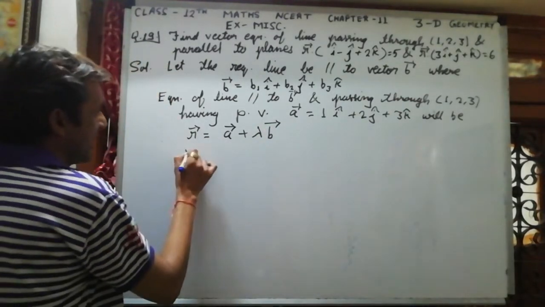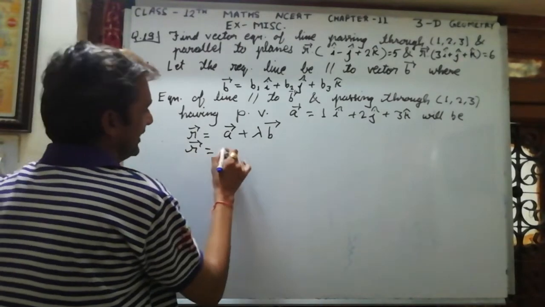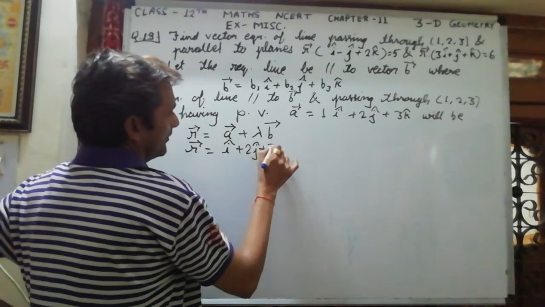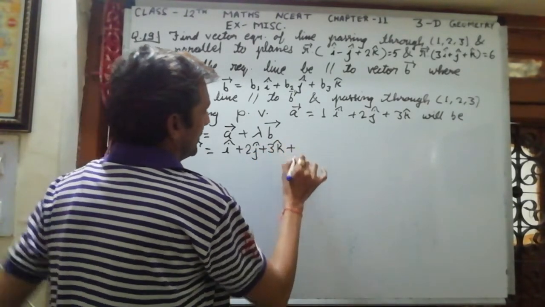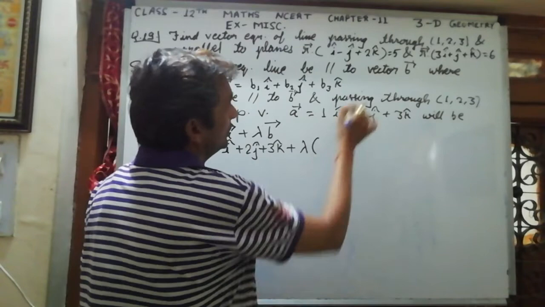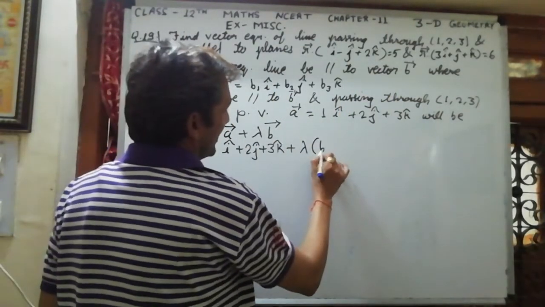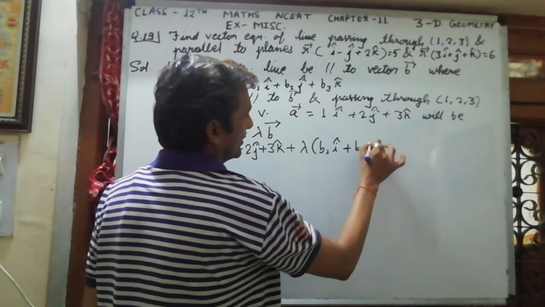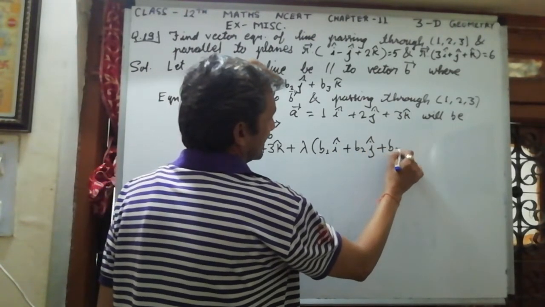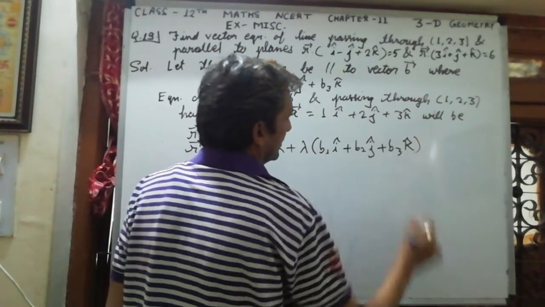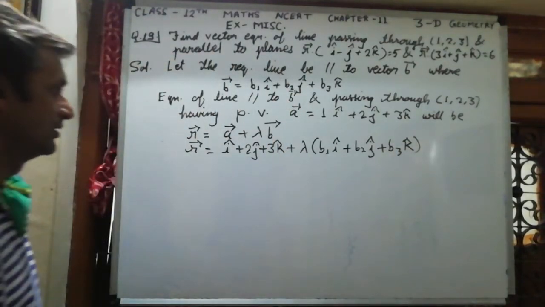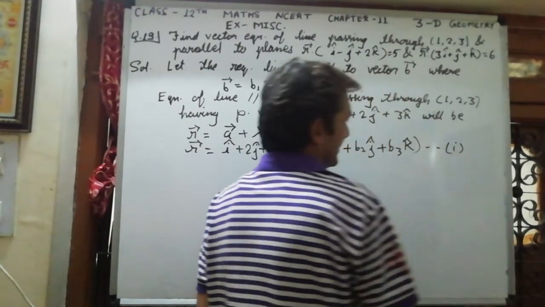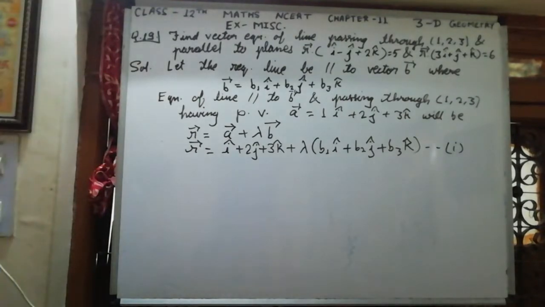So we may represent r is equal to i plus 2j plus 3k plus lambda into vector b, which is b1 i plus b2 j plus b3 k. This is the equation of the line. Let us represent it by equation 1.